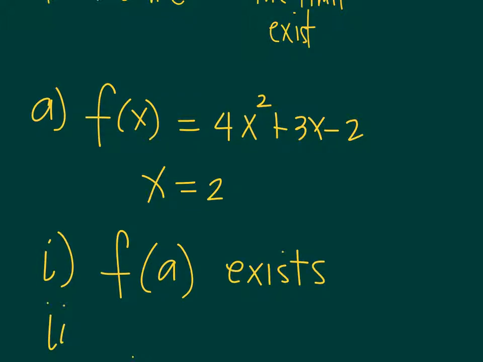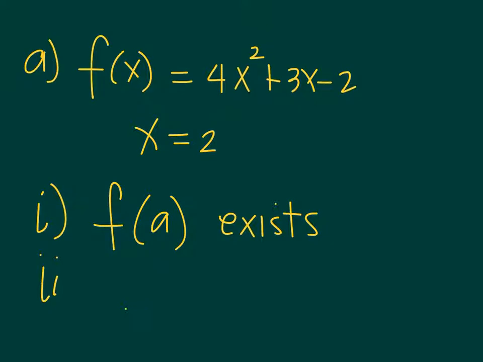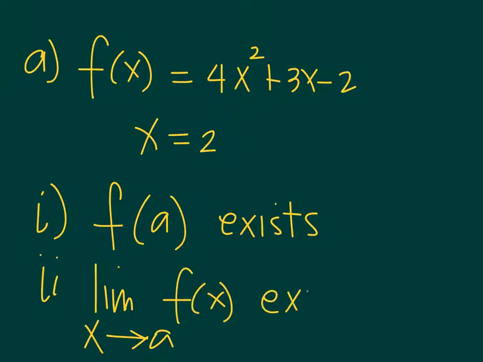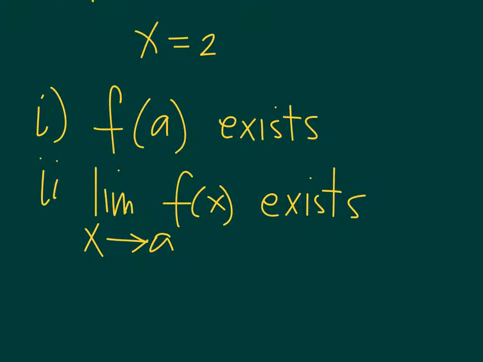Number 2, we check if the limit as x approaches that number of the function exists. And then number 3, if the two exist, we check if they are the same.